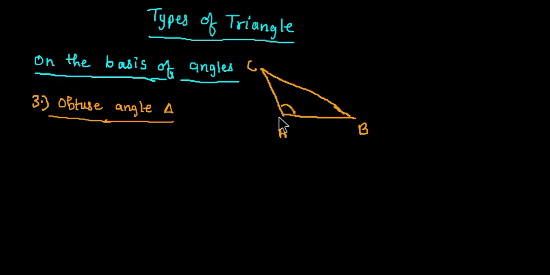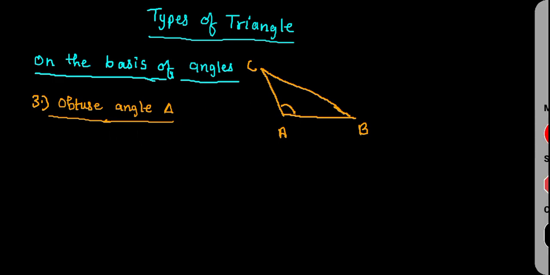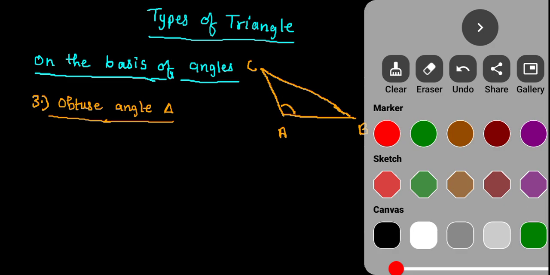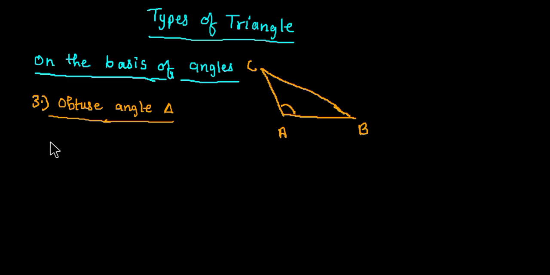So this triangle will be an obtuse angle triangle. A triangle whose one angle is more than 90 degrees is known as an obtuse angle triangle. So let's write the definition of the obtuse angle triangle.